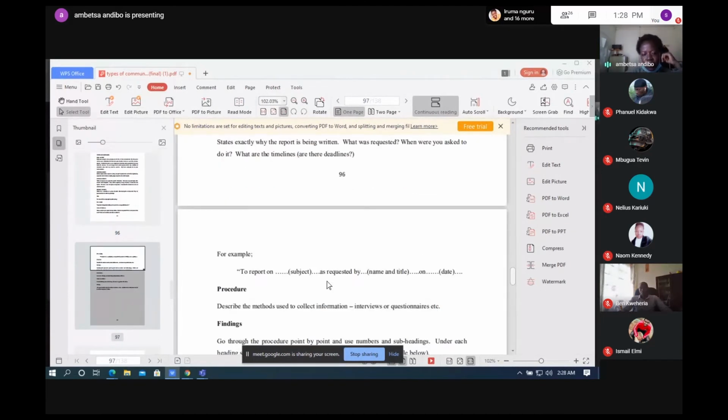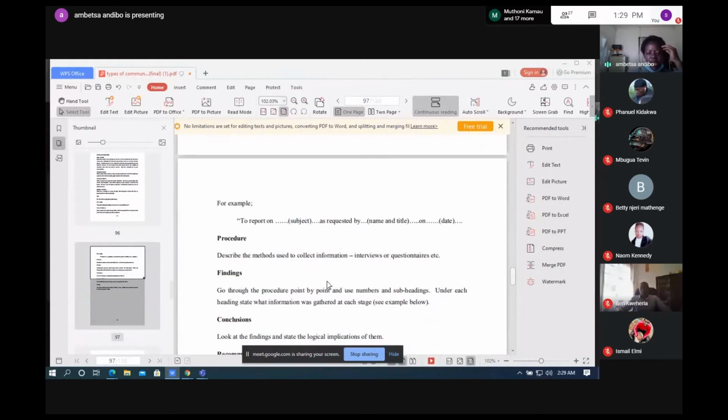So to report on extrajudicial killings as requested by the President of the Republic of Kenya in January 2010 to date. Then the procedure.